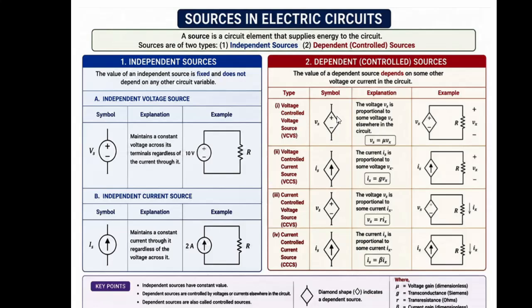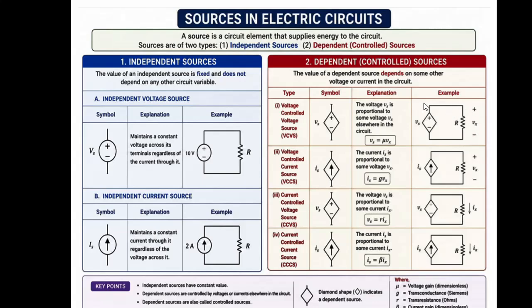The value of this voltage source depends on the voltage of some other branch in the circuit. For example, here in this example, this dependent voltage source is connected across the resistor. So the value of this voltage controlled voltage source depends on the voltage across this particular resistor.